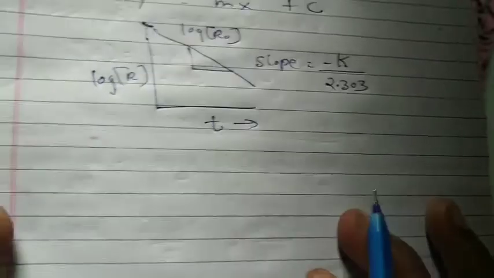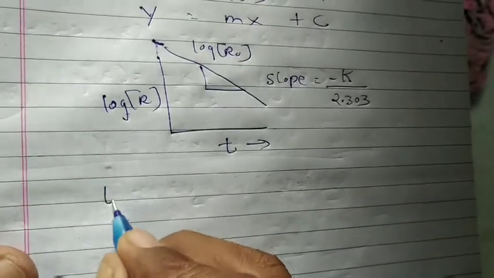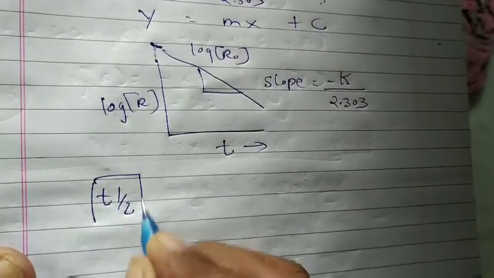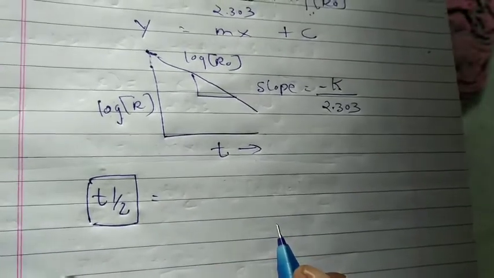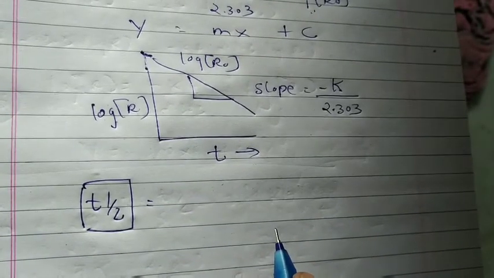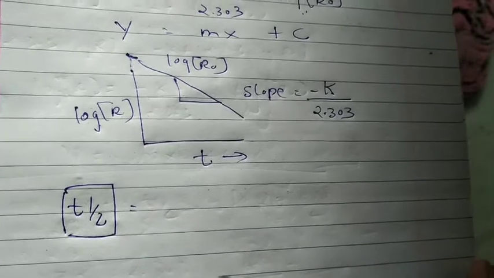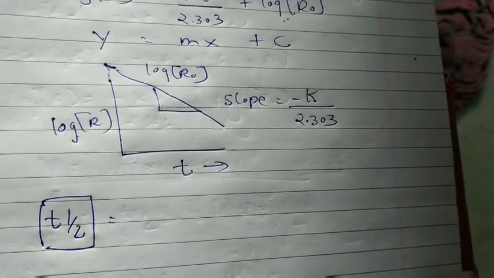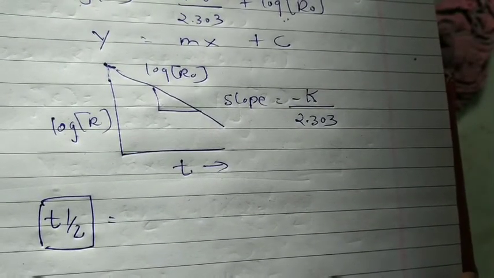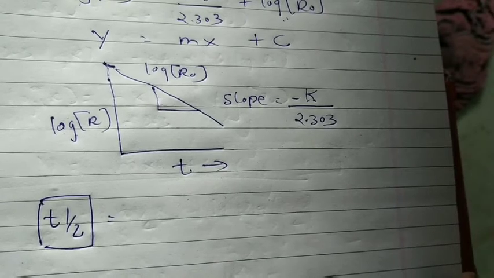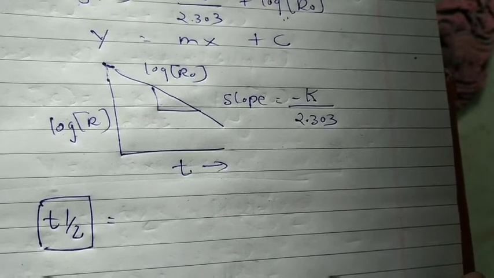Similarly, the second part is the half time period for a first order reaction. The time required for the initial concentration to become half is known as the half time period.